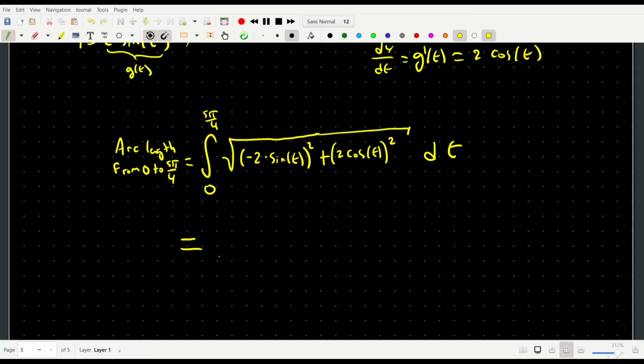And this is going to simplify then to be from 0 to 5 pi over 4. Sine squared plus cosine squared is 1. Negative 2 squared is 4, and 2 squared is 4. So this is the same thing as the square root of 4 times the square root of sine squared plus cosine squared, which is 1.